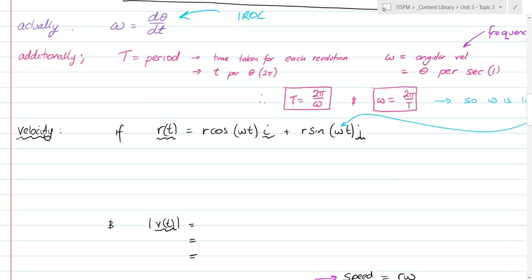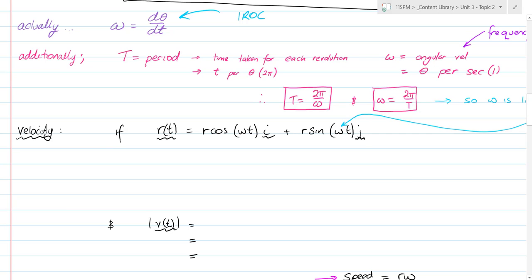Your position might not initially be at theta equals 0, and that will be the positive horizontal axis over here. Often, with a lot of context, like a Ferris wheel, your initial position will be down here, and theta will be negative 90 or 270, whatever you're dealing with. So just be careful with that.